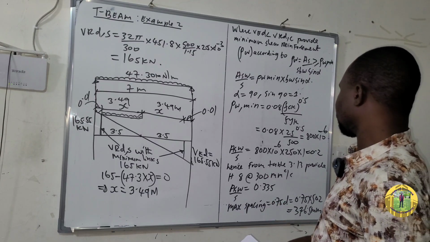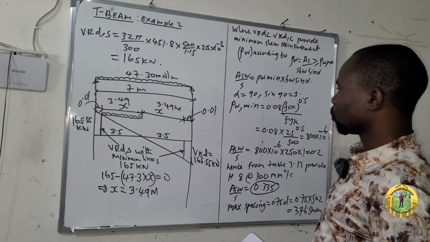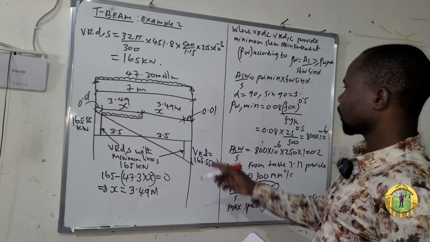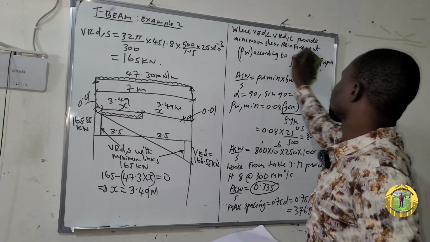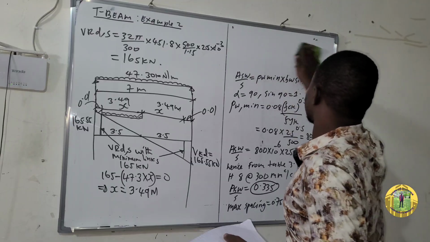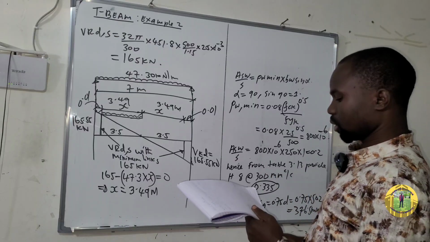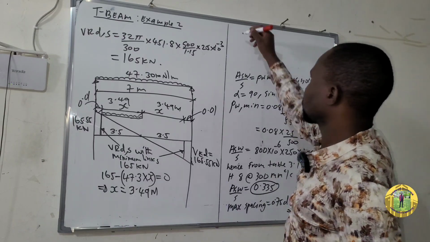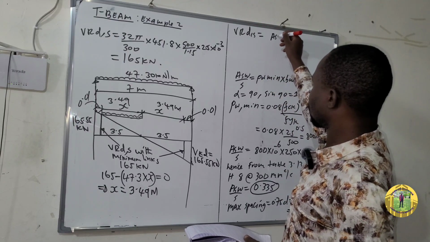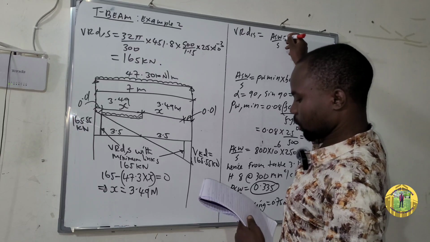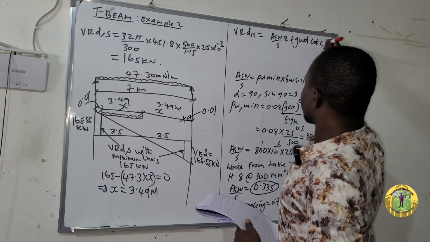So let's check if this will be enough to resist the shear on this beam. So let's confirm. We know that VRDS is equal to ASW over S times Z times FYWD times cot theta.